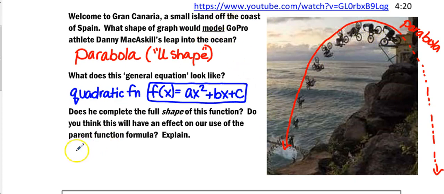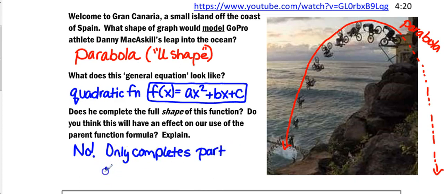The answer would be no. He only completes part of the full shape, right? So if I kind of make this match, he only does like that much of it. And the rest of this he didn't do, because he started here and ended up over here.